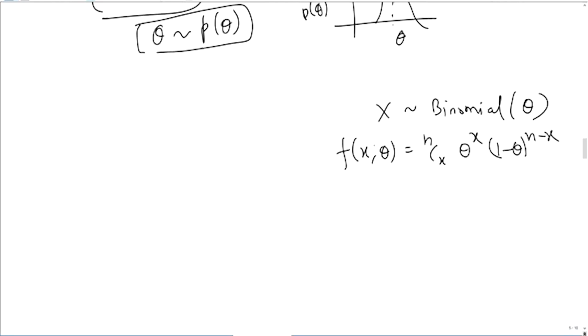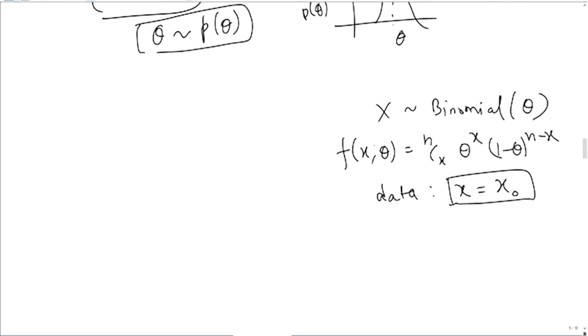Now let us say you have collected some data, and your data is that x comes out to be, let's say, x naught. So after collecting the data, the value of the random variable x is known, which is x equals x naught.